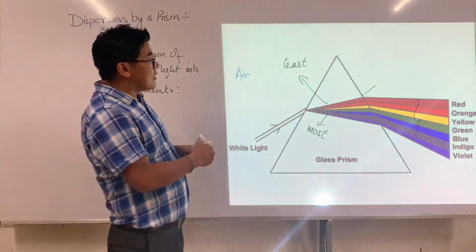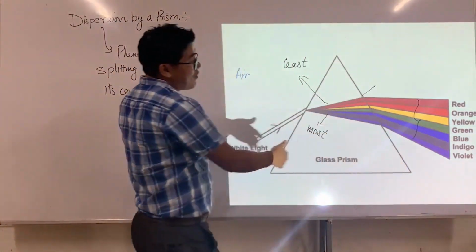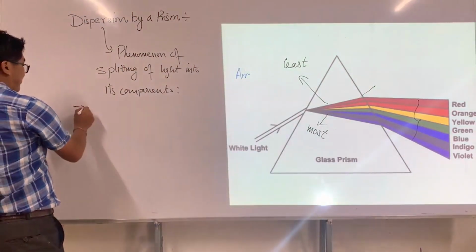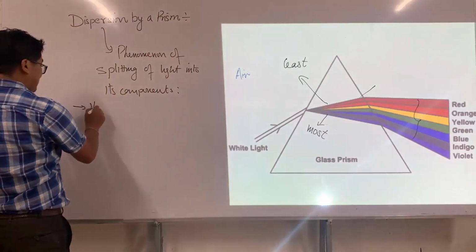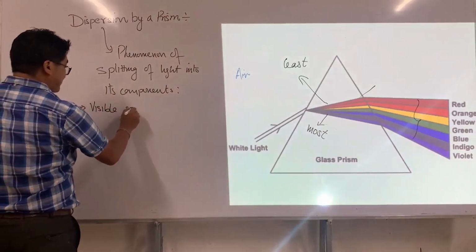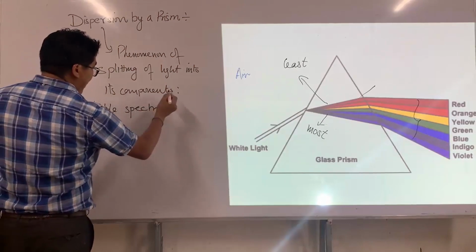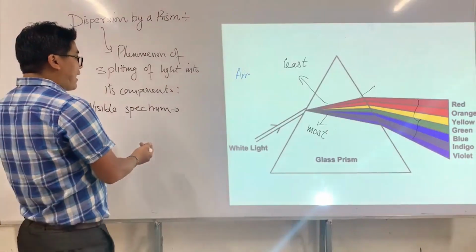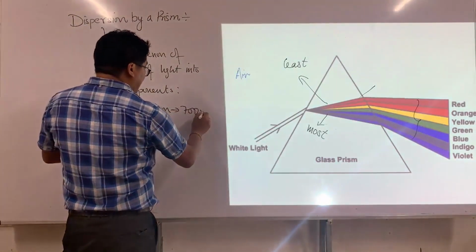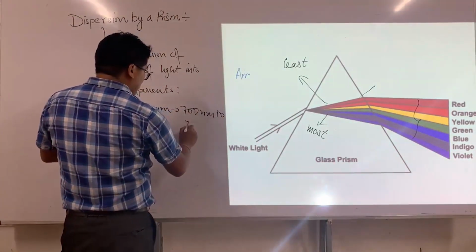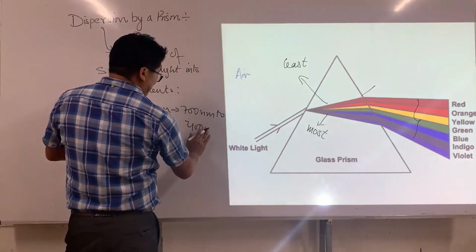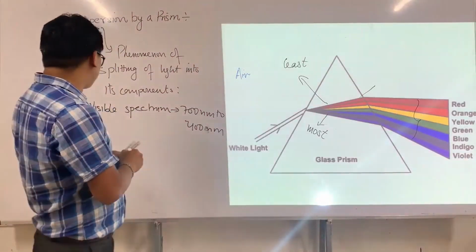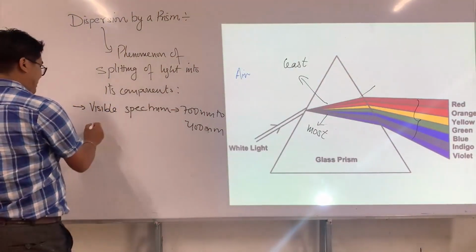So this pattern of color is what we call the visible spectrum. We know the wavelength of the visible spectrum goes from 700 nanometers to 400 nanometers. This is what we call the visible spectrum of light.